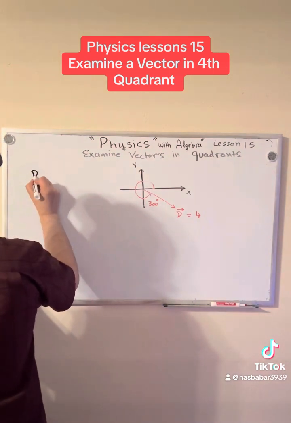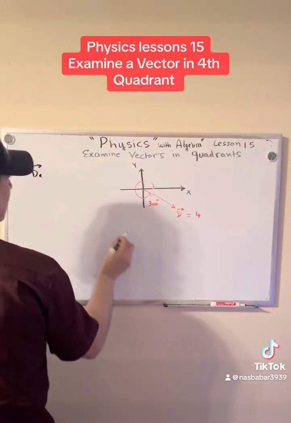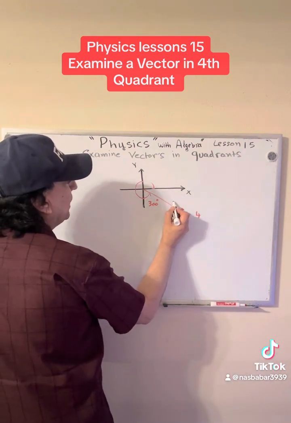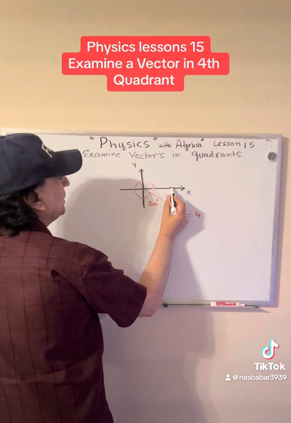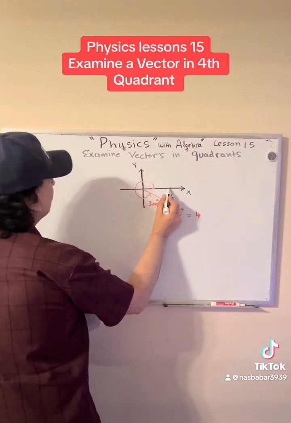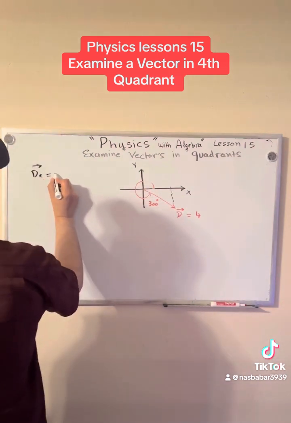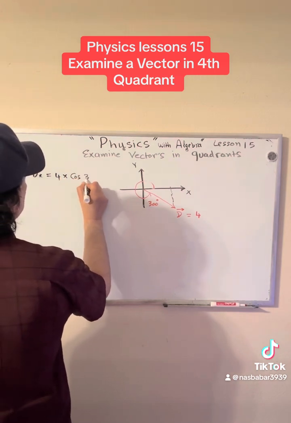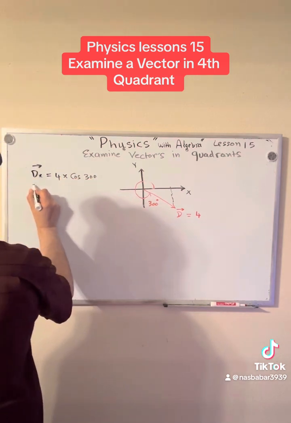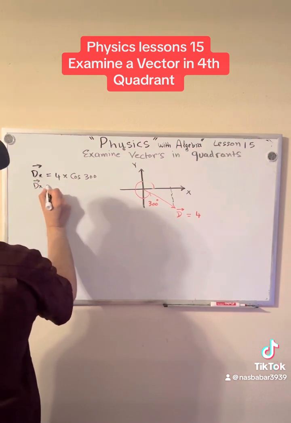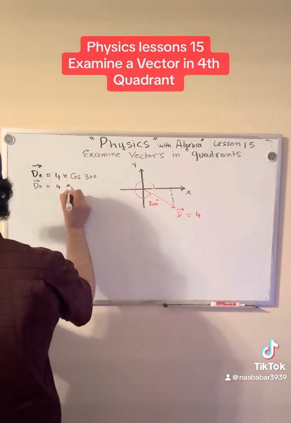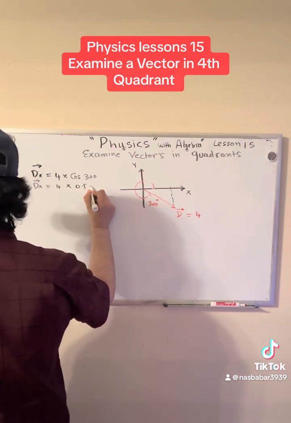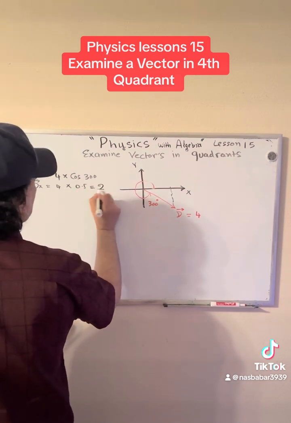So Dx, the horizontal component, basically the shadow of this vector on the x-axis, that is what I'm looking at, this force right here, is going to be 4 times cosine of 300 degrees. Dx is equal to 4 times cosine of 300, which is 0.5. So basically you get 2. All right.